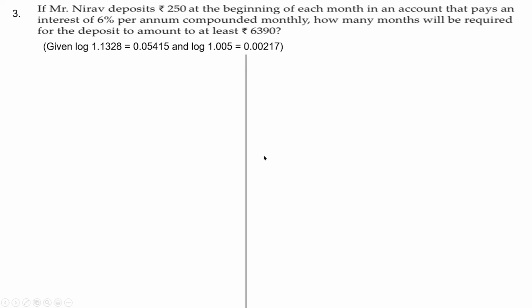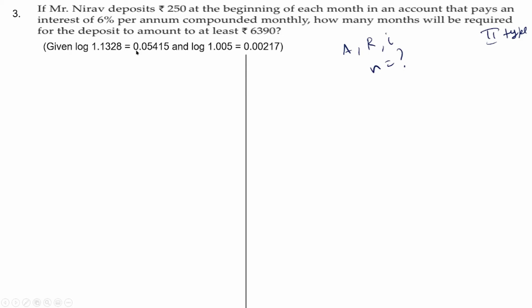In the previous two questions, A, I and N were given and we needed to find R. In this question, which is of the second type, A, R and I are given. We need to find N. Given log of 1.1328 and log of 1.005, the values are given here.